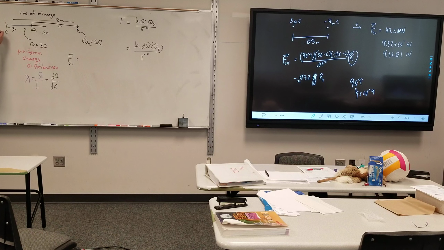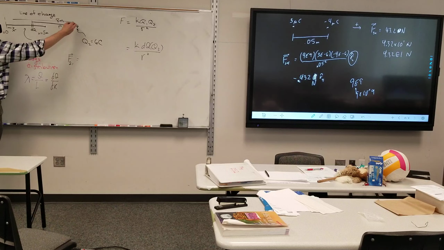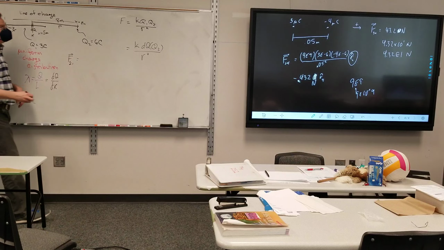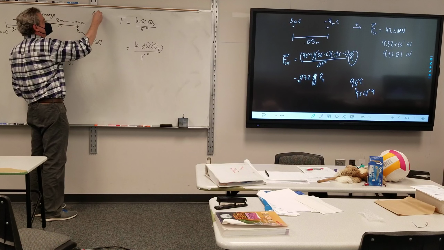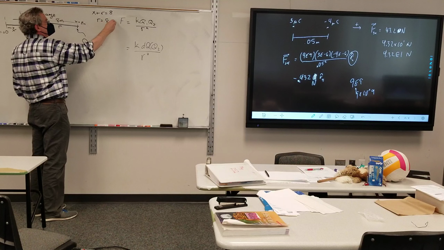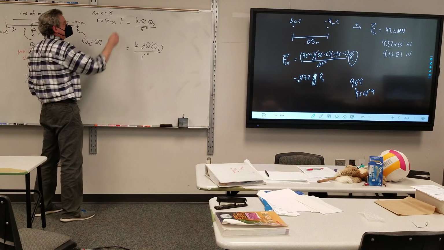This is where x is equal to 0, this is x equals 5, that's x equals 8. dq is at some position x, so x plus R is indeed 8. And so R is 8 minus x.